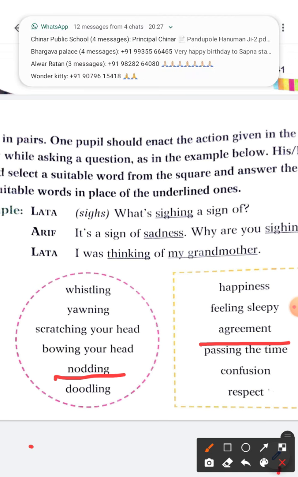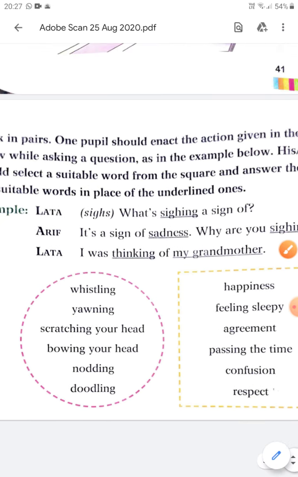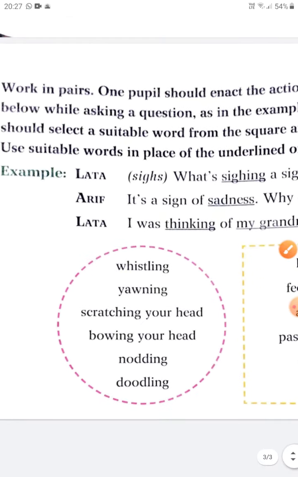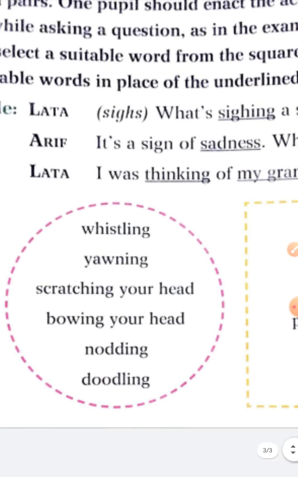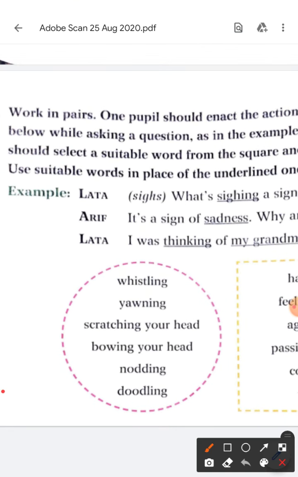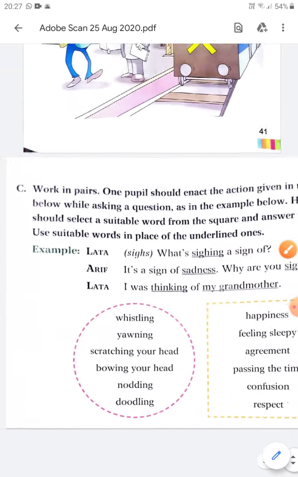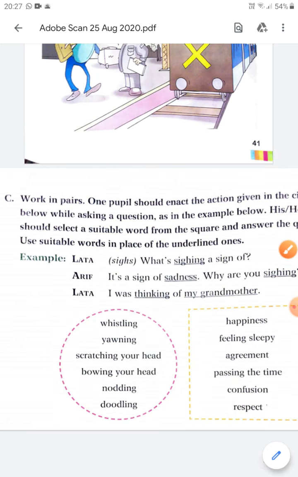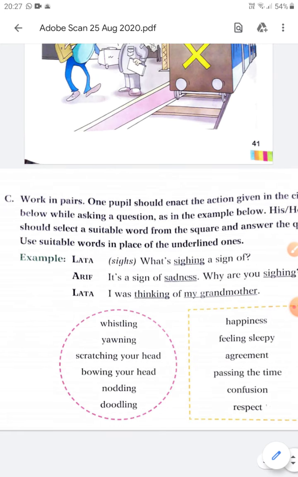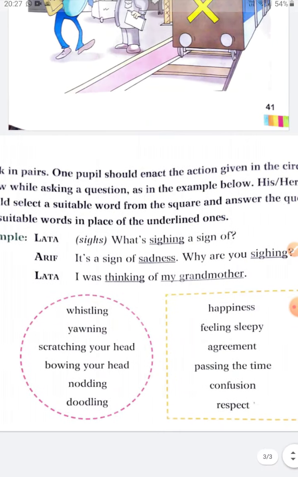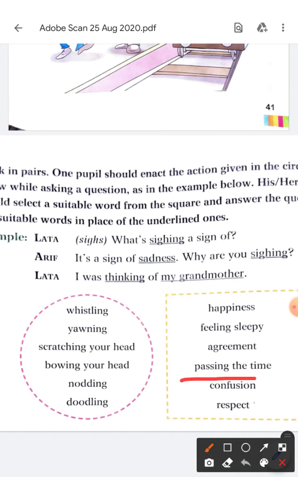Now, next, what's doodling a sign of? Doodling a sign of passing the time.